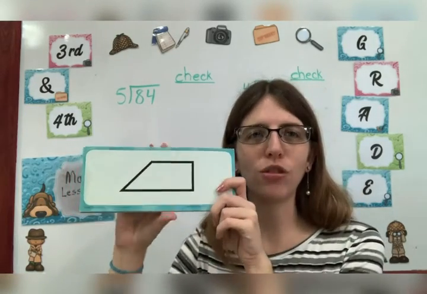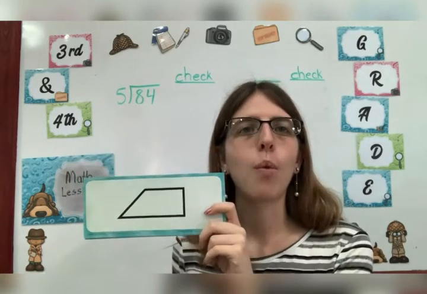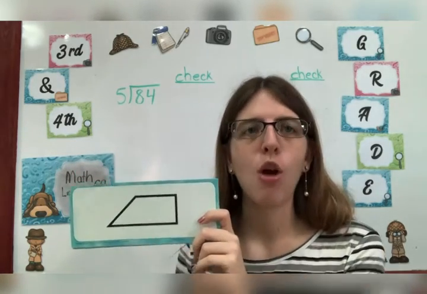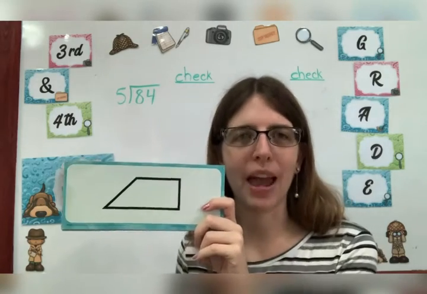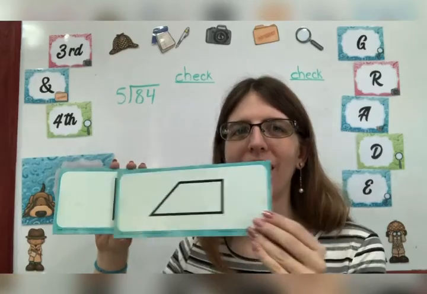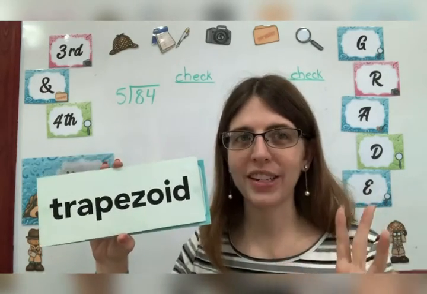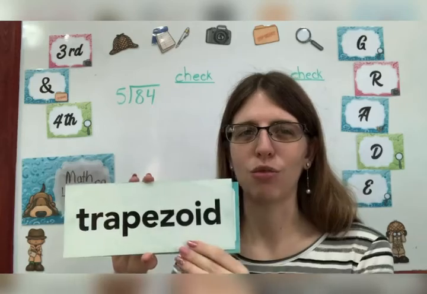So it's a special shape because only 2 of its sides are parallel. When you have a quadrilateral with only 2 sides that are parallel, what's the name of that shape? Trapezoid. Because maybe you can think of it as it traps you into thinking it's a rectangle, but it's not. It's a trapezoid.